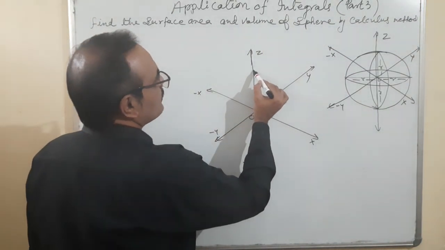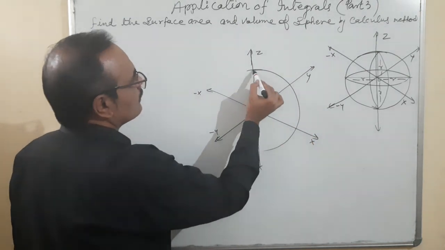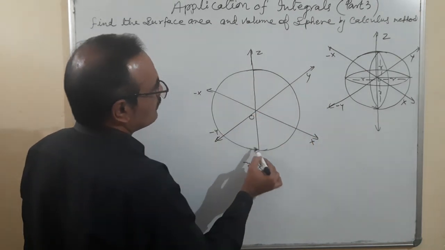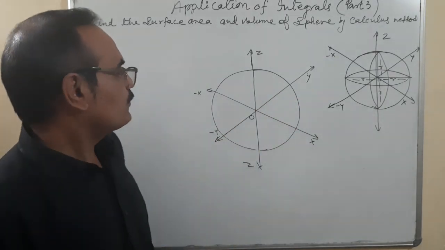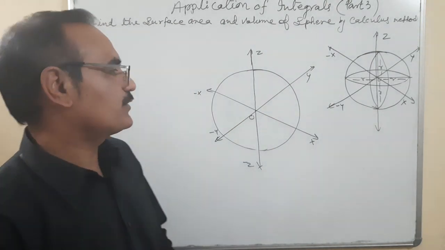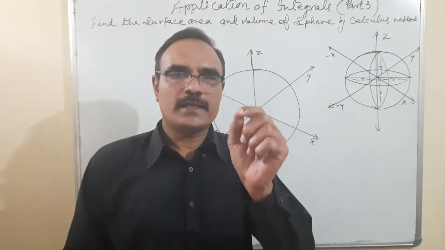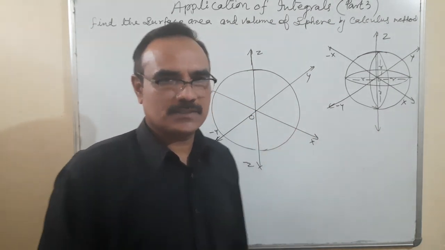I am making a two-dimensional figure here. By the way, it's three-dimensional. Okay. For finding its surface area, we are taking a small area of it, and then integrate it in all directions. Okay.